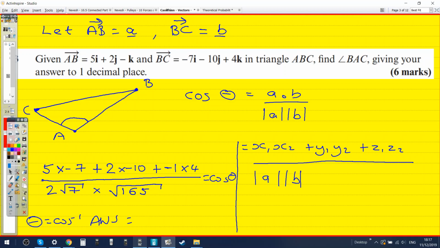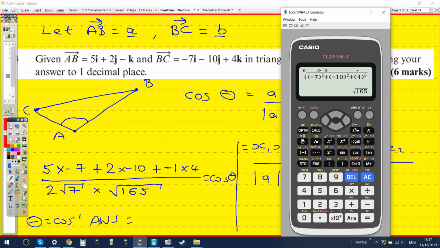And so we've got to do it. I got 112.5. 112.5 degrees.